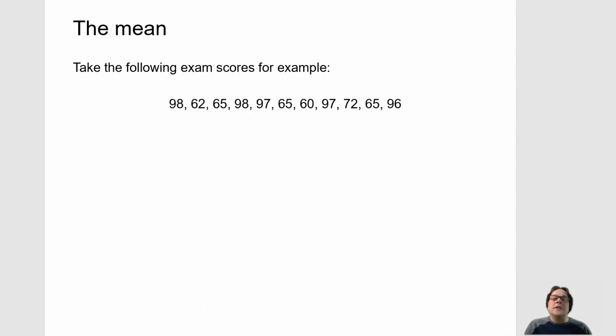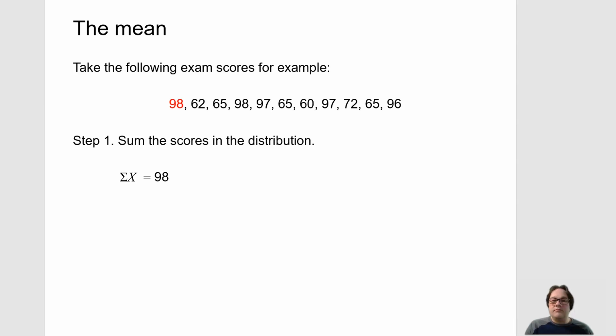Okay, so let's calculate the mean with the following distribution of scores. So we'll pretend that these are some exam scores, and you see they range from 60 to 98. So 60 is our lowest score, 98 is our highest score. So to calculate the mean for this distribution, we're going to sum the scores that appear in that distribution.